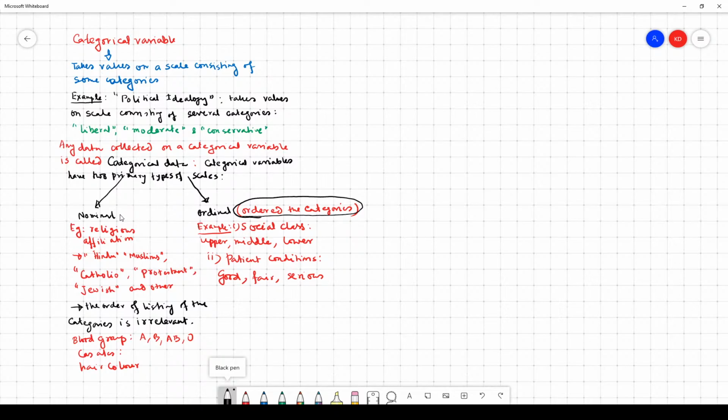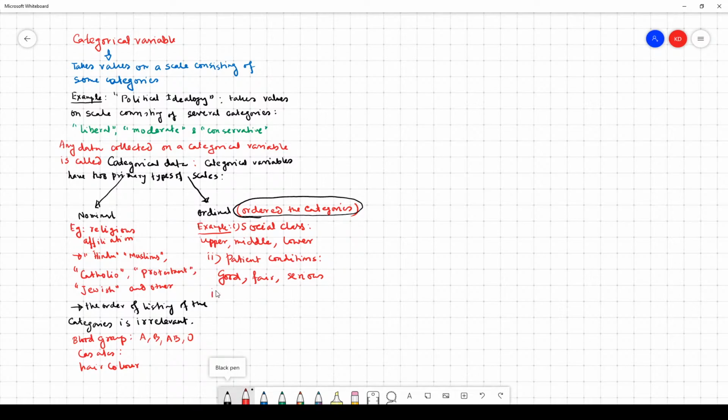One thing you note: for nominal data, you can only construct a frequency table. You cannot compute mean, median, mode. Education, like graduation, PG, is also an ordinal variable. Thank you.